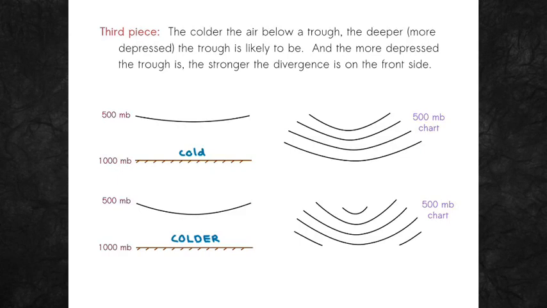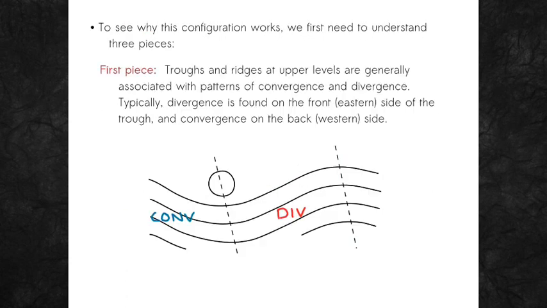So those then are our three easy pieces that we need to understand mid-latitude cyclone development. The first piece was that we have convergence and divergence patterns associated with troughs and ridges, and in particular, we have divergence on the front or eastern side of the trough. That's at upper levels.